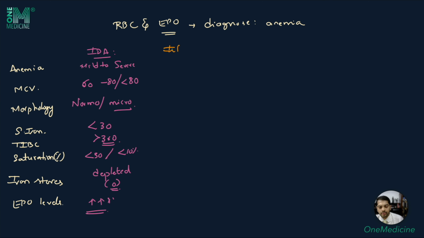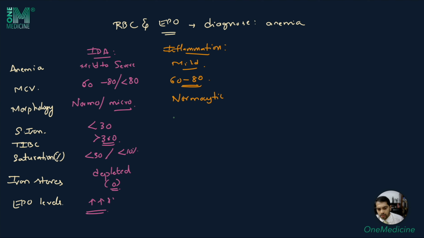Next, we have inflammatory states, or these can also be called chronic disease anemias. Here the anemia is usually mild and the MCV is usually normocytic or normal, and morphology is normocytic.